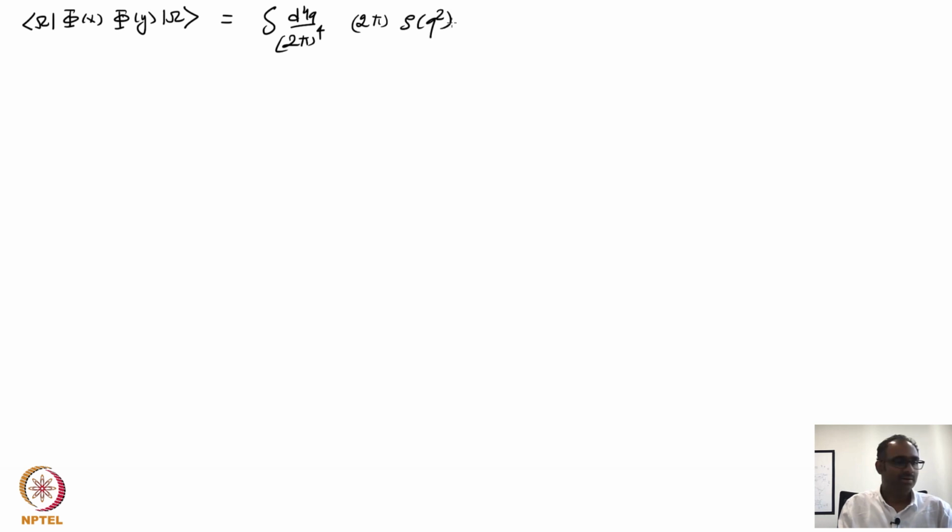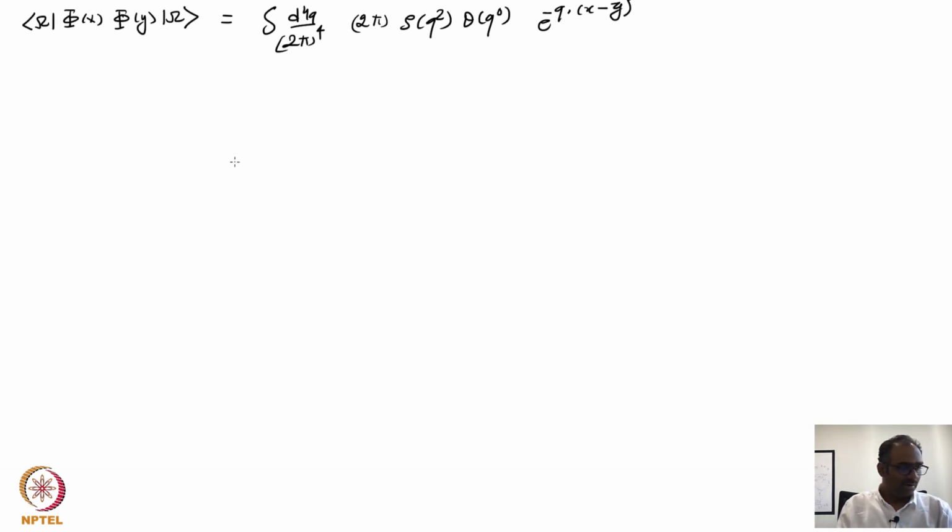Omega phi x phi y omega is d4q over 2 pi to the 4, then I have 2 pi times rho of q square theta q naught, and rho of q square vanishes when q square is space-like. Okay, this is rho tilde of q, and that is what vanishes.